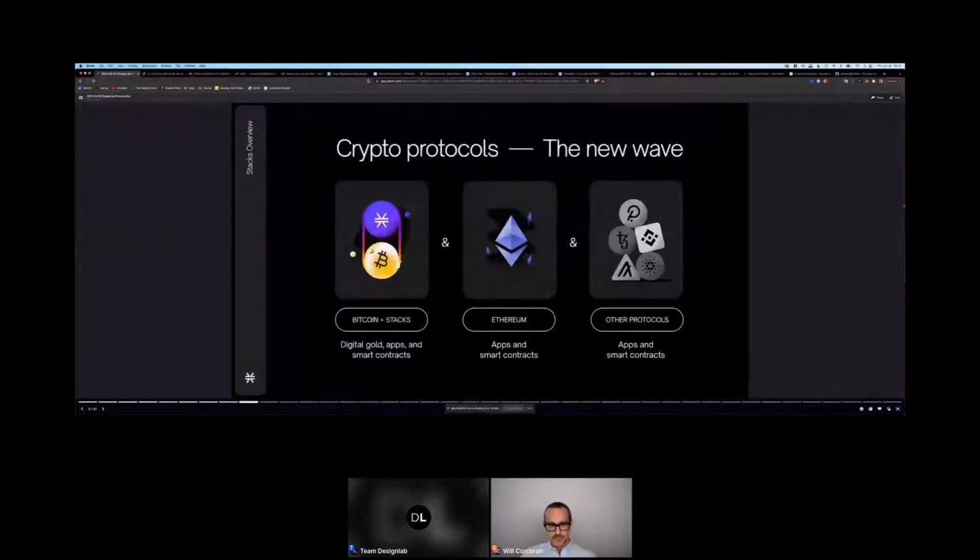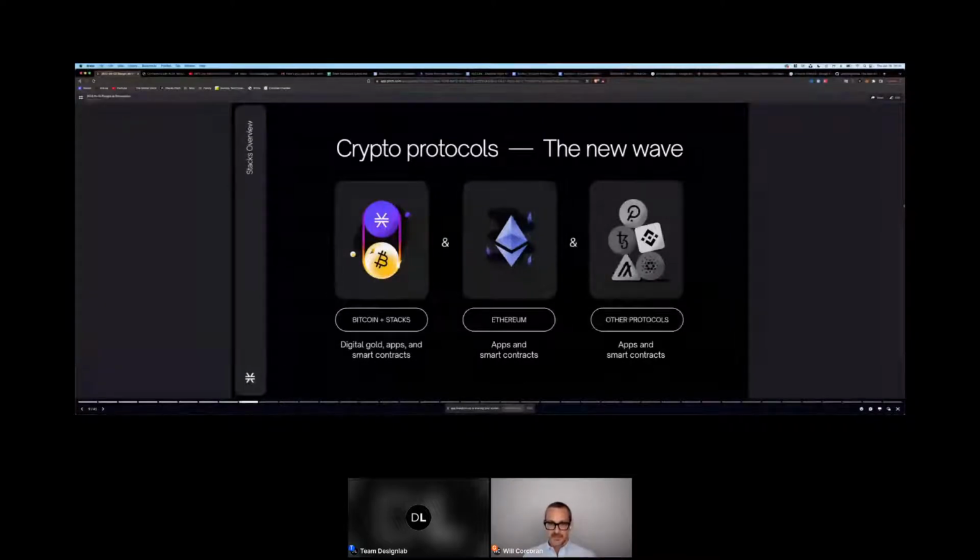And so really, I think when you go through and you survey the landscape of all of these different protocols, a lot of people will arrive at a conclusion that I've arrived at, which is Bitcoin, it's the slowest in terms of its innovation cycles, and it does the least.